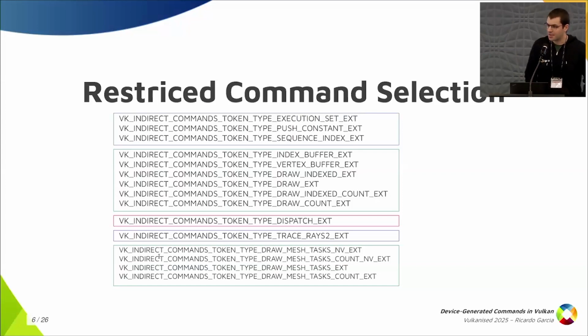You can dispatch compute work, and you can dispatch ray tracing work, and that's it. You also need to check which features the driver supports, because maybe the driver only supports device-generated commands for compute or ray tracing or graphics or something like that. But you notice you cannot do things like start render passes or insert barriers or bind descriptor sets or that kind of thing. No, you cannot do that. You can only do these things.